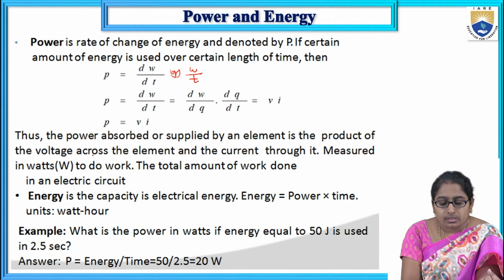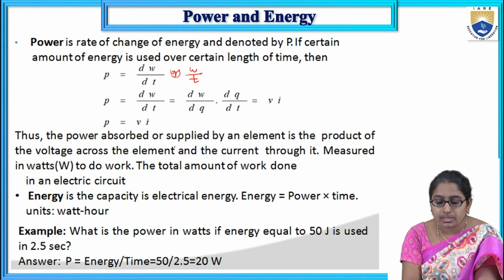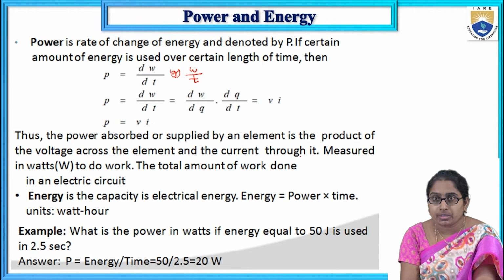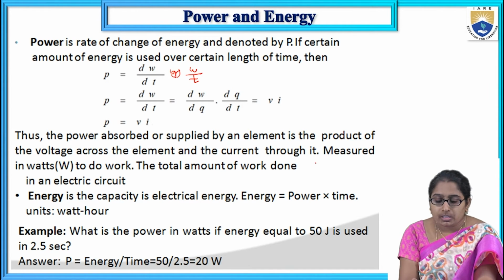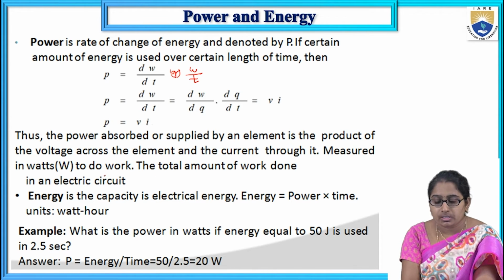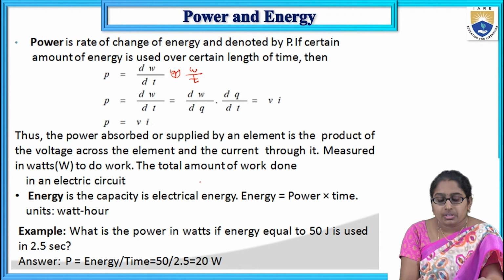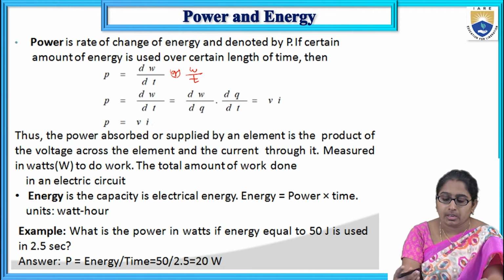The power absorbed or supplied by an element is the product of voltage across the element and the current through it. That is the other definition for power, and this power is measured in watts. Now, energy. What is meant by energy?